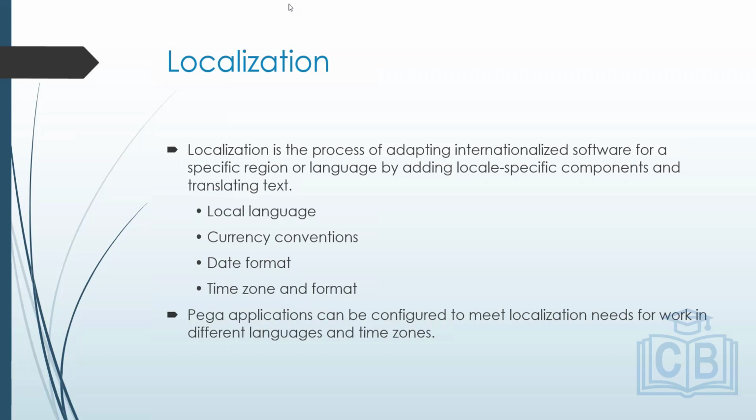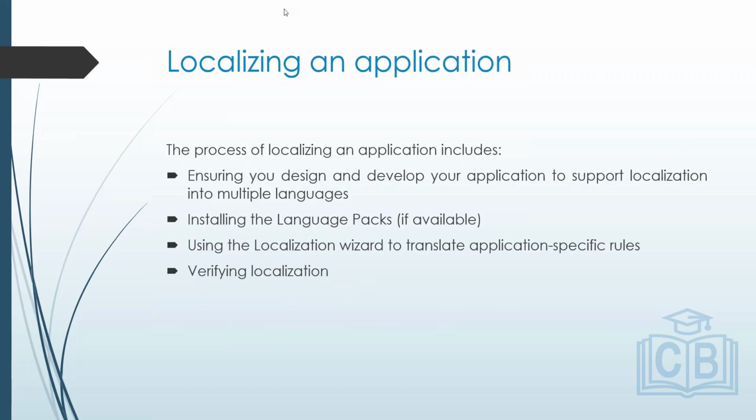Or any paragraphs that you are displaying. Right? So all these things are what we localize using this wizard. Right? So the localization makes it easy for people to access the application. Right? So let's see what process is involved here and how we will look at that wizard with regard to the localization. Okay, right.